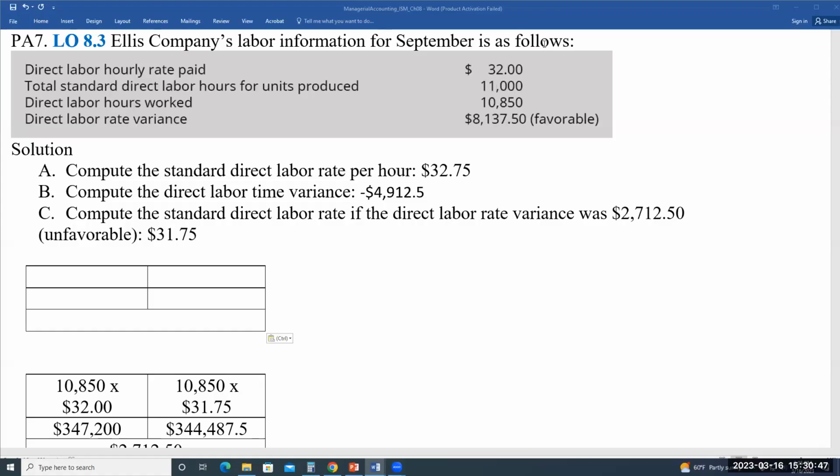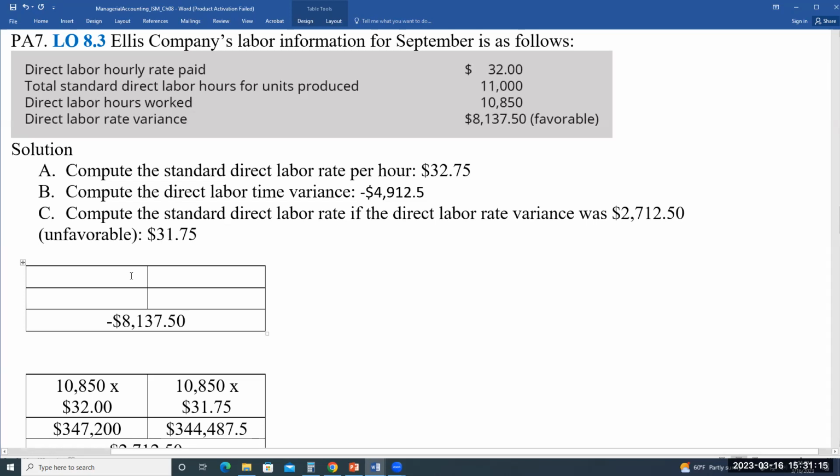Okay, so back to problem 7. I'm going to try to solve A and B without cheating this time. So for A, I'm going to try using direct labor rate variance. So we know that that is 8,137.50 favorable.